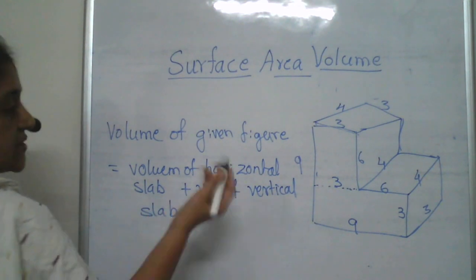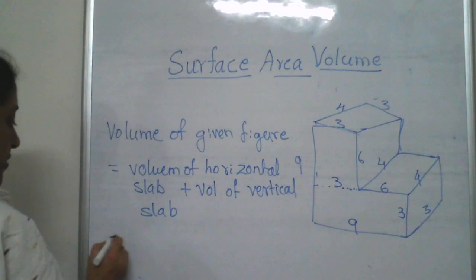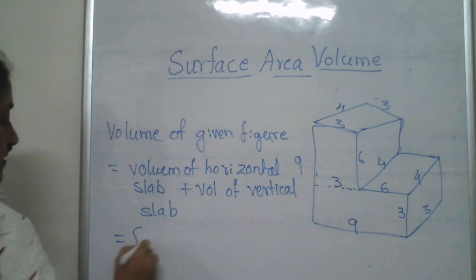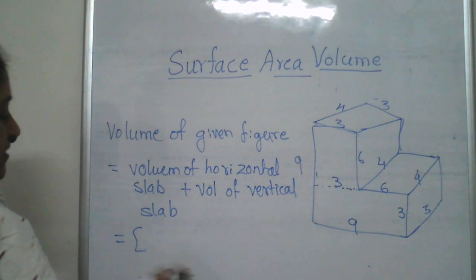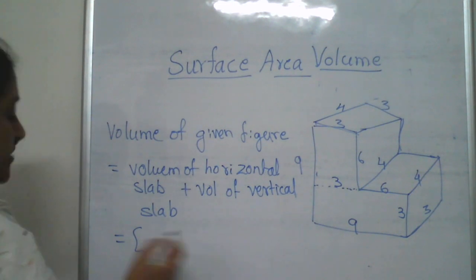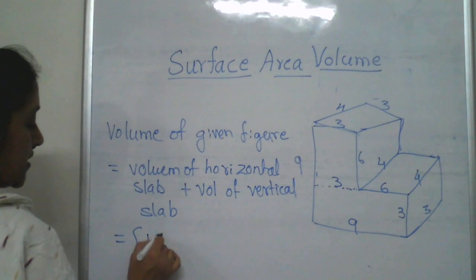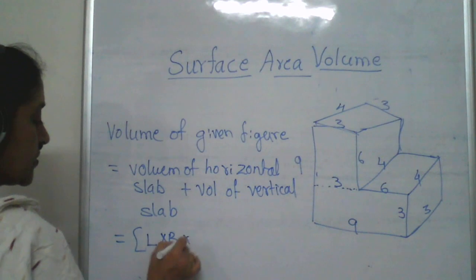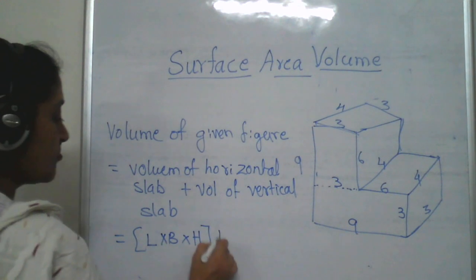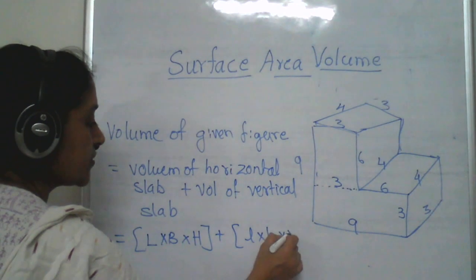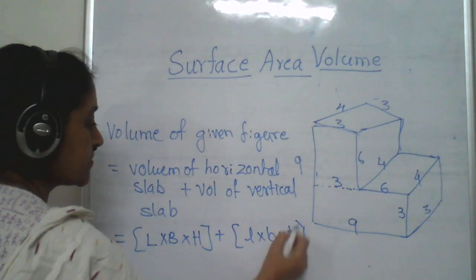In both cases it is a cuboid only. So for the volume of the horizontal slab, I'll take one of them as capital L, capital B, capital H, so that the other one can be taken as small l, small b, small h. L into B into H plus small l into small b into small h.